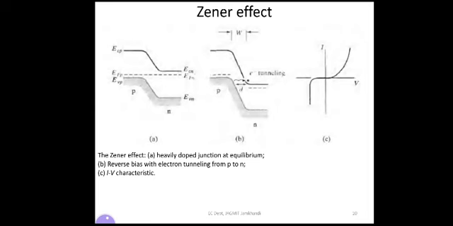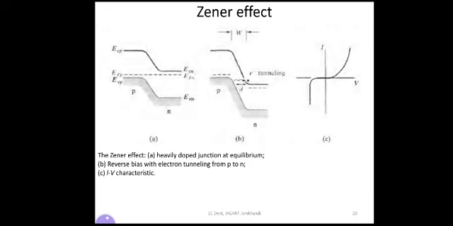If the barrier separating these two bands is narrow, then tunneling of electrons can occur. That is shown as tunneling from P to N. Tunneling of electrons from the P side valence band to the N side conduction band constitutes a reverse current from N to P. That effect is the Zener effect.